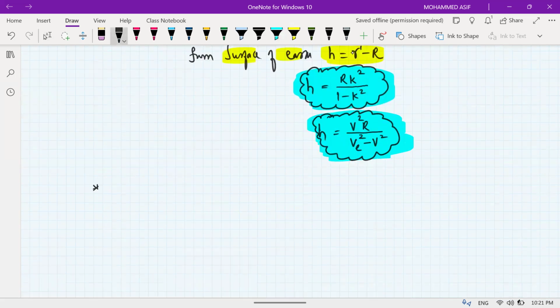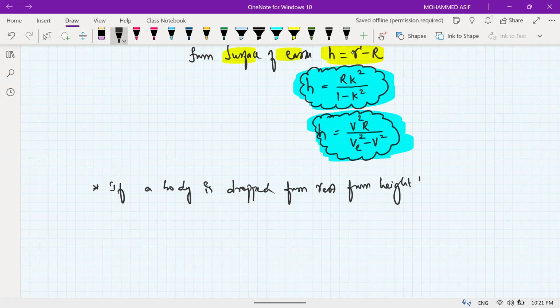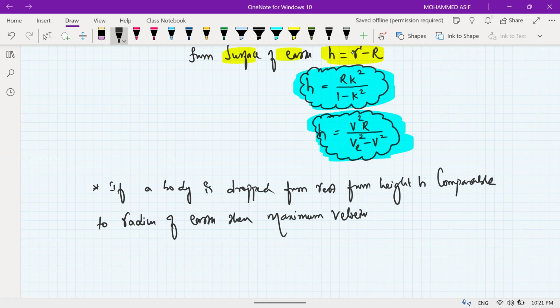One more application. If a body is dropped from rest from a height h that is comparable to the radius of the earth, then what is the maximum velocity with which it strikes the ground?